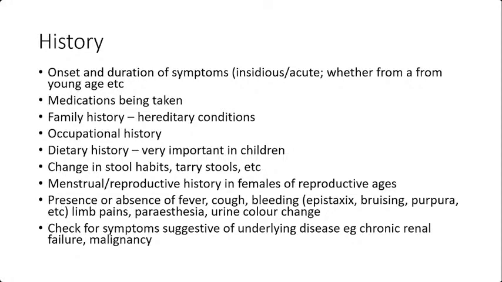Family history, again, you're looking for hereditary conditions. Occupational history, some people may be working in certain occupations where they may be predisposed to develop anemia. For example, in the benzene industry, those people working in that industry are more prone to develop a certain type of anemia known as aplastic anemia or hypoplastic anemia, where there is bone marrow failure.